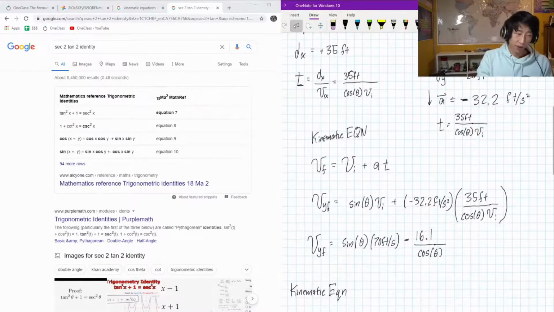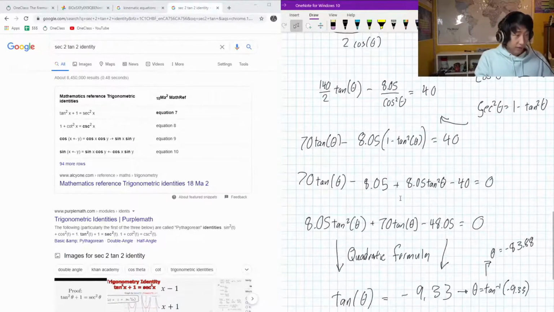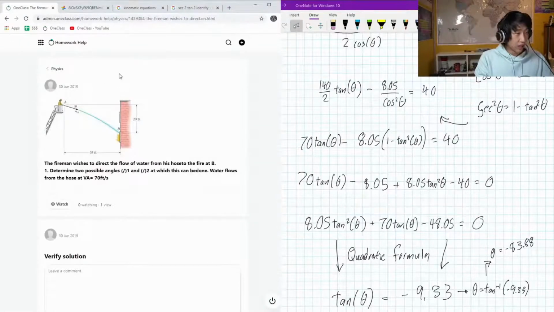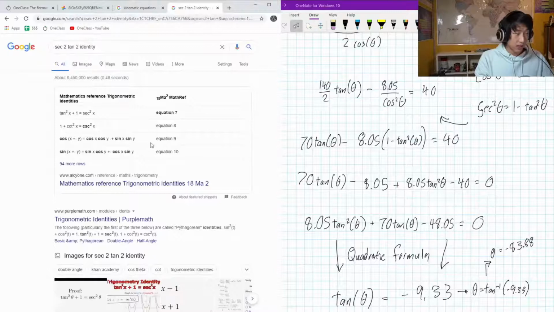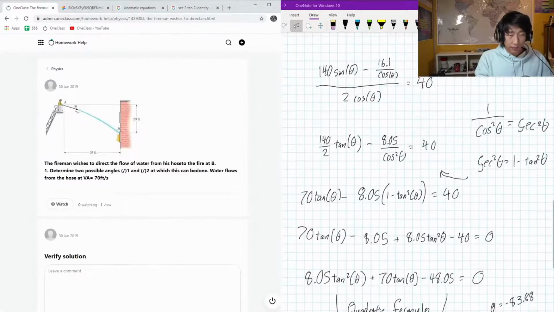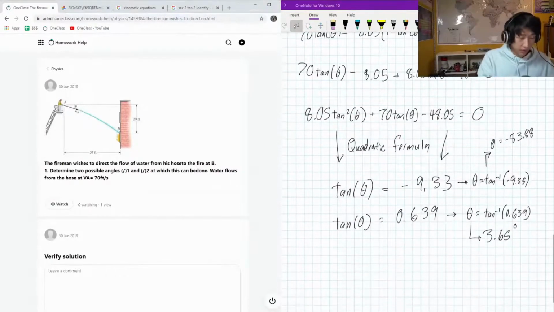Okay, so very long process, but still fun. Everything is good, once you just keep in mind this identity: secant squared is equal to 1 minus tan squared. Okay, and that will correspond to this situation and lead you to victory.